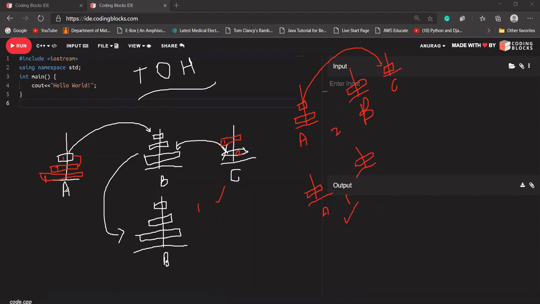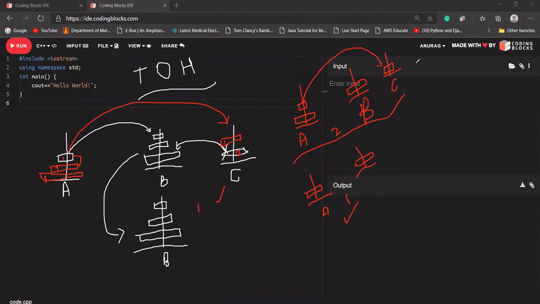So what if I know the algorithm for performing this operation with two disks only? Then the algorithm can do it for us: it will perform the n minus 1 transfer to C in the same order.